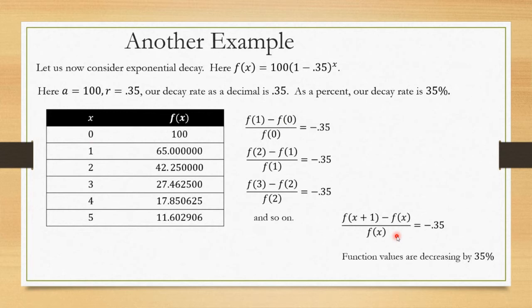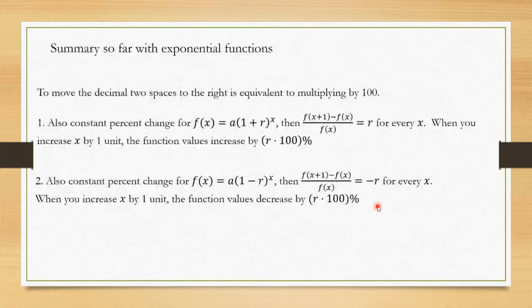All right, so the next slide, I know this stuff's confusing. The next slide here is kind of summarizing what I'm trying to say. Basically, for a constant percent change, if you have f of x here, this kind of function, this is an exponential function. With this function, this is going to happen. This is the relative change.